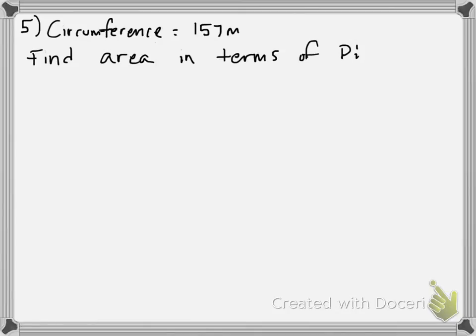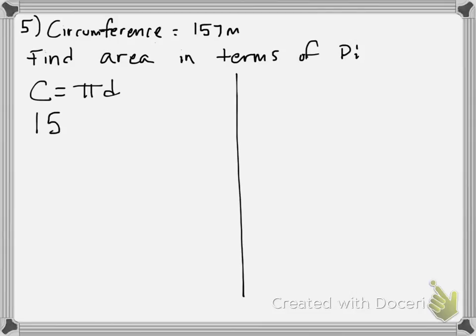Number 5, they give us the circumference, and they're asking us to find the area in terms of pi. So again, this is going to be two steps. The first, we'll be able to use our circumference formula so we can find the diameter, and then we'll find the area. And when we get to it, I'll explain a little bit more about in terms of pi. So circumference equals pi times diameter.